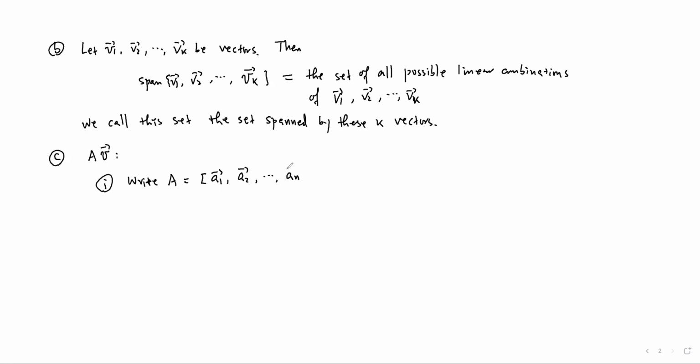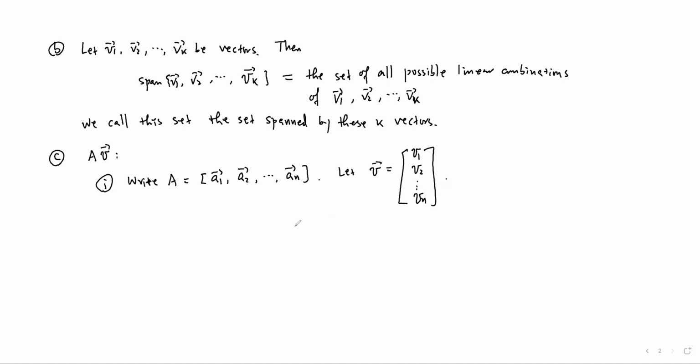Suppose the matrix has n columns. Then vector V should have n entries. The number of entries in vector V should be equal to the number of columns in the matrix A. Otherwise, A times V is not computable. V1, V2, ..., Vn are numbers.